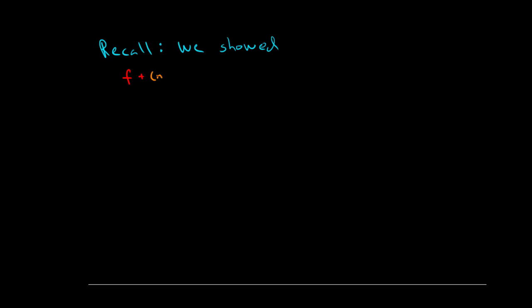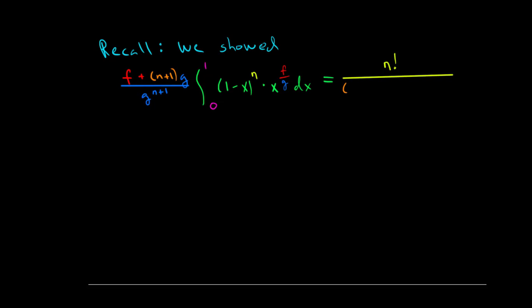We found that f plus n plus 1 times g all over g to the n plus 1 times the integral from 1 to 0 of 1 minus x to the n times x to the f over g dx equals n factorial over f plus 1 times g times f plus 2 times g, dot dot dot all the way up to f plus n times g.